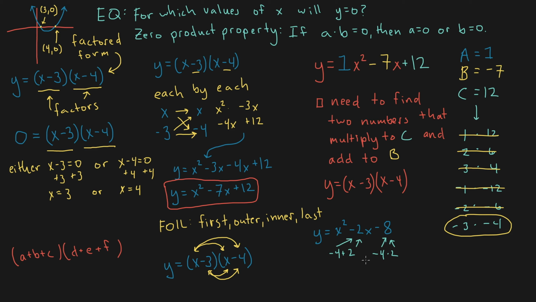And so these must be my two numbers. And so this equation in factored form is going to be y is equal to x subtract 4 times x plus 2.